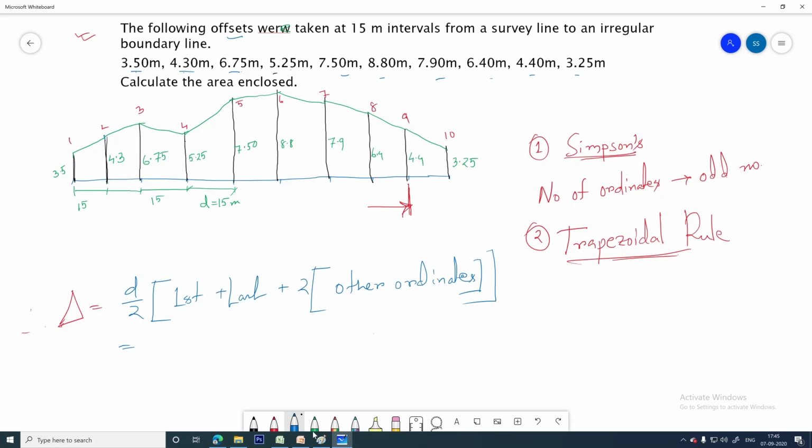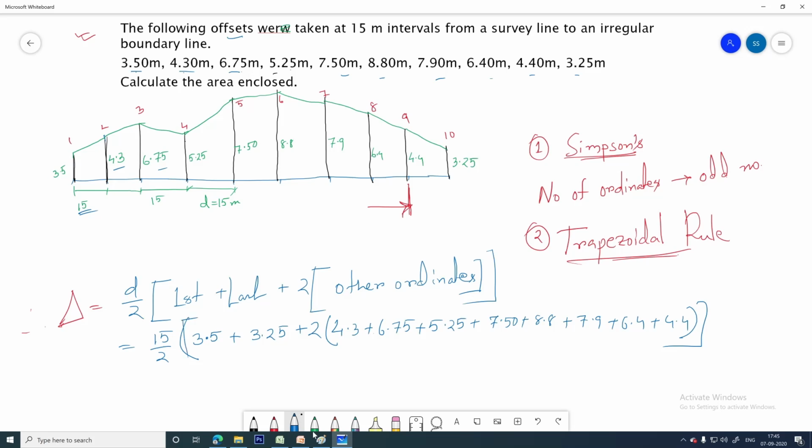So you can put here d as 15. So 15 by 2, first ordinate is 3.5, last ordinate is 3.25, and plus 2 into the others, that means all of these: 4.3 plus 6.75 plus 5.25 plus 7.50 plus 8.8 plus 7.9 plus 6.4 plus 4.4.